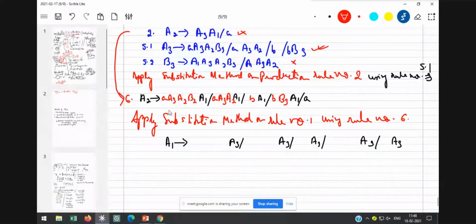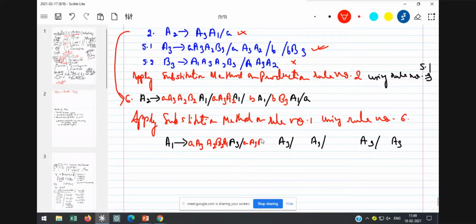Now, wherever I find A2, I need to write this whole expansion for this A2. Terminal A, non-terminal A3, non-terminal B2, non-terminal A1.